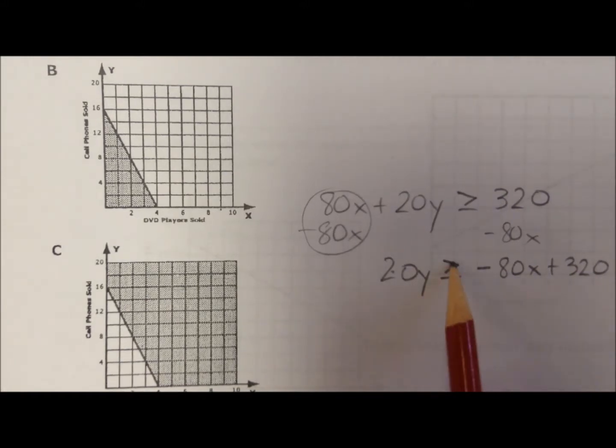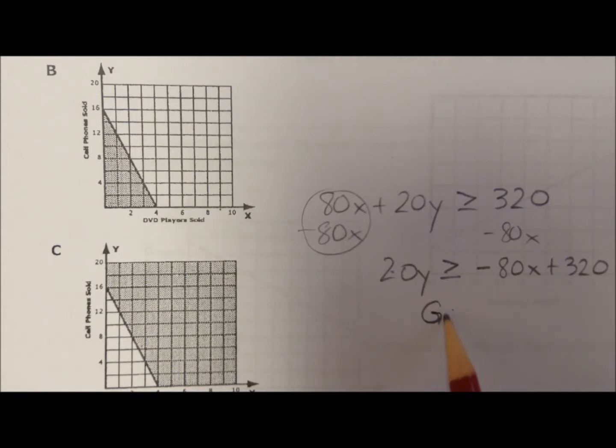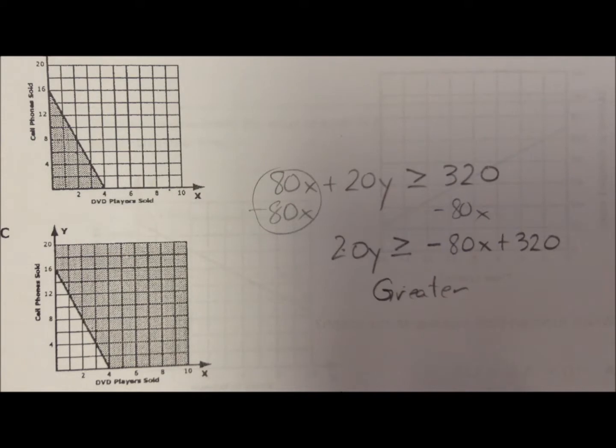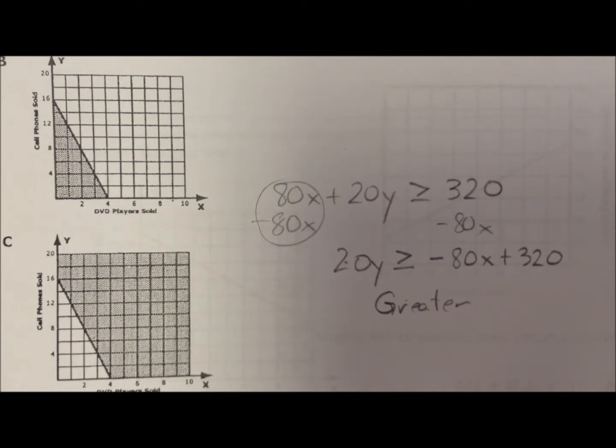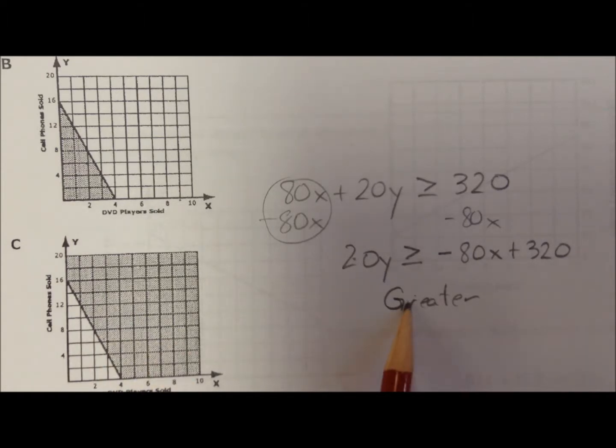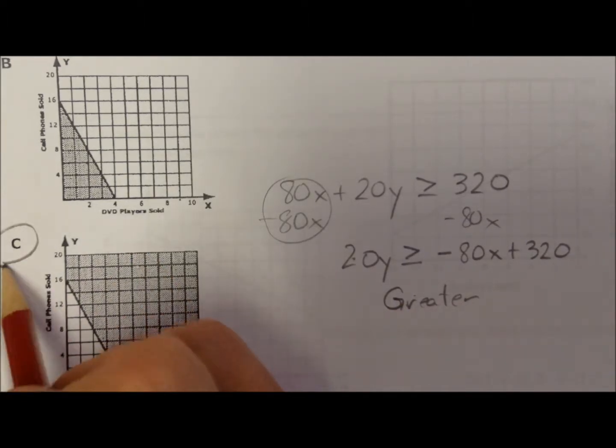Dividing by a positive will not change this, so this is going to be greater than in my final answer. I'm not even worried about what that's going to be. All I'm asking myself is which of these two shadings shows greater than. If you remember, greater than is going to be above the line and less than will be below the line. This one goes above. The correct answer to number 1 is C.